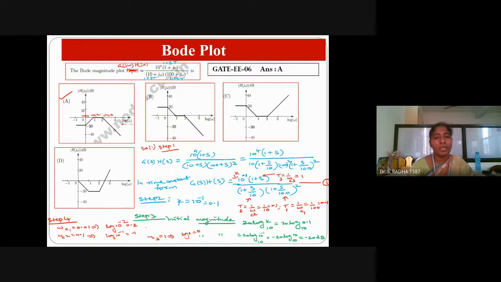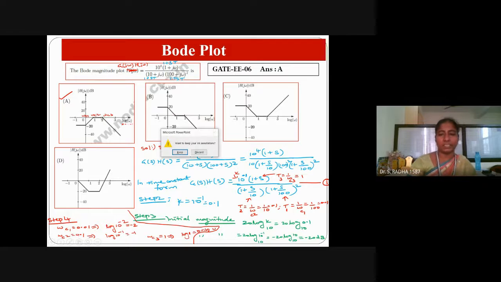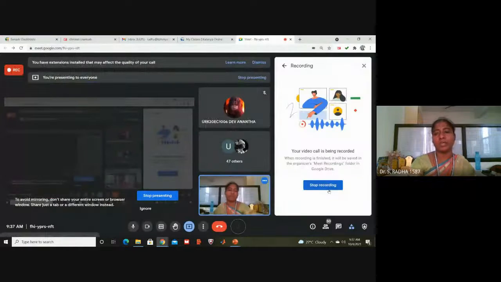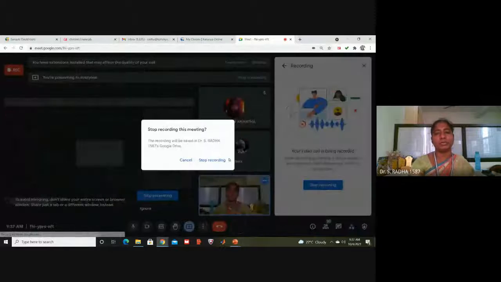In the graph, we already identified the answer. Just for clarity, I am giving the corner frequencies, because omega on the x-axis is different from log omega on the x-axis. We should know the difference.